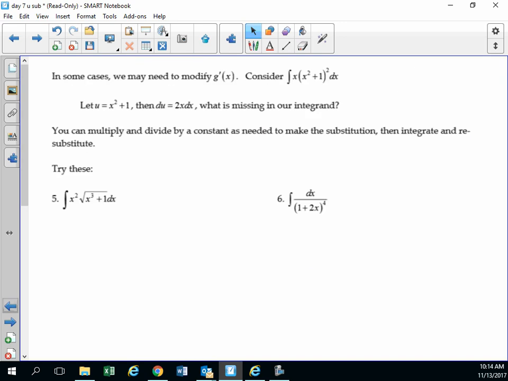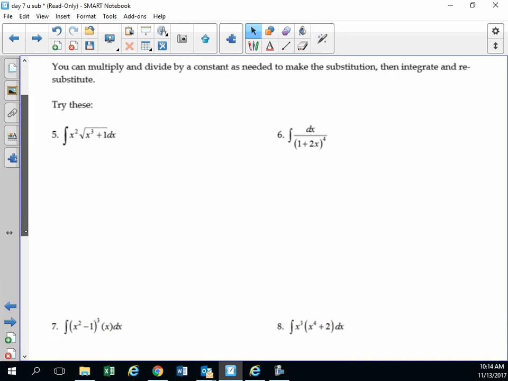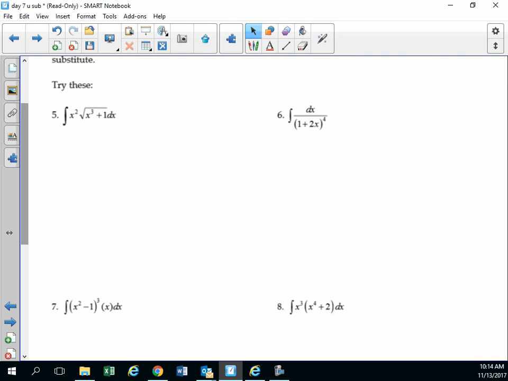Let's talk about number 5. Yep, this whole day is about you. Still x squared plus 1? Not for this one. You tell me what this one is. We are doing substitution.